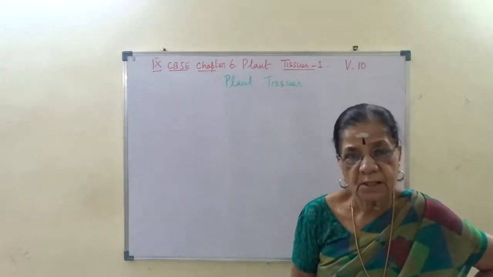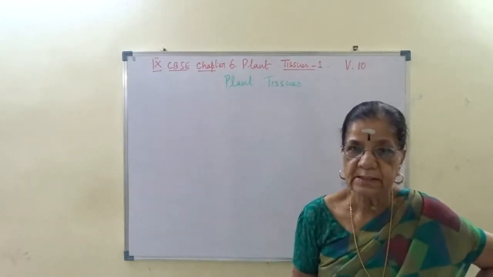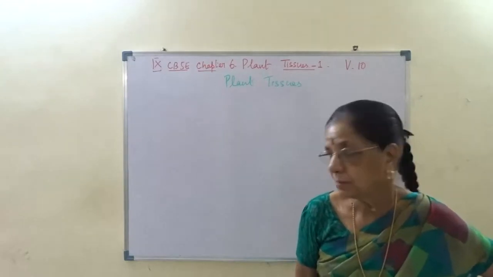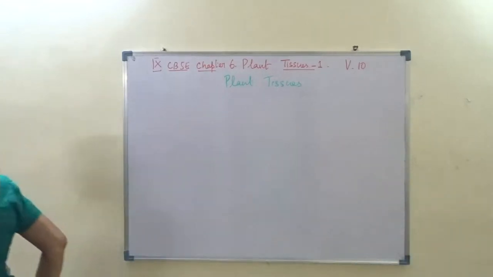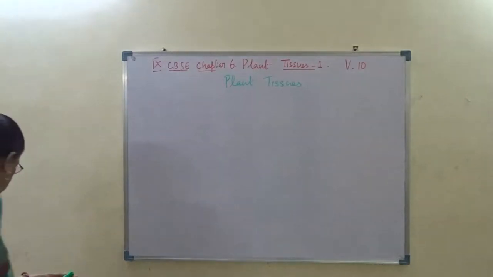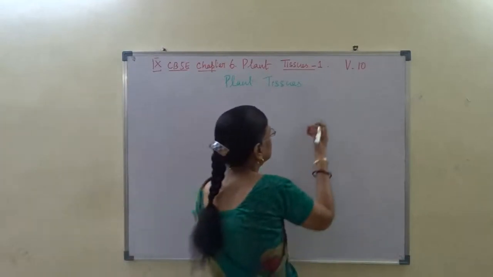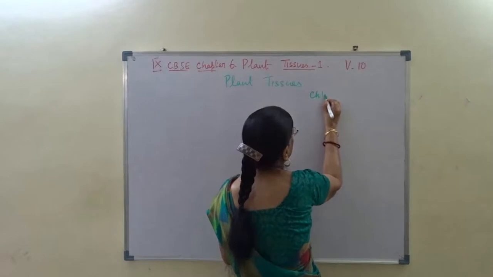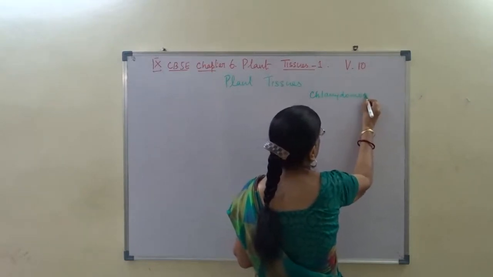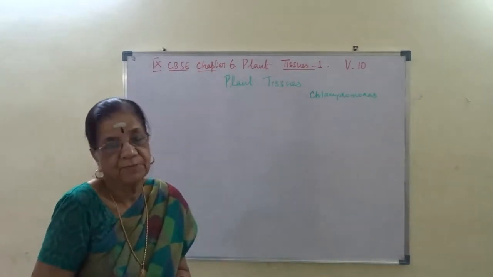Unicellular ones are the lowermost plant organisms, such as algae. What example have we learnt? It is Chlamydomonas. I hope you know the spelling. Chlamydomonas is a unicellular alga.